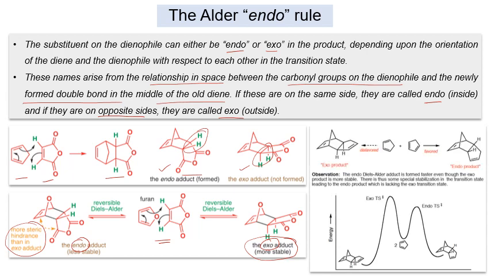However, if you see from this particular example, the endo adduct forms very quickly and the exo adduct takes time to form or forms only at very high temperatures. Now, obviously, there is some kind of stabilization in the transition state which leads us to the endo product. This stabilization obviously is not available in the exo transition state.